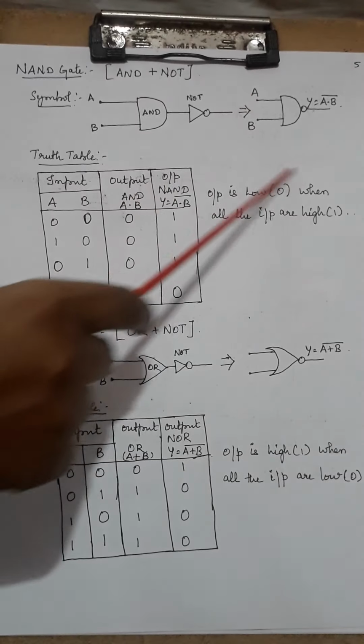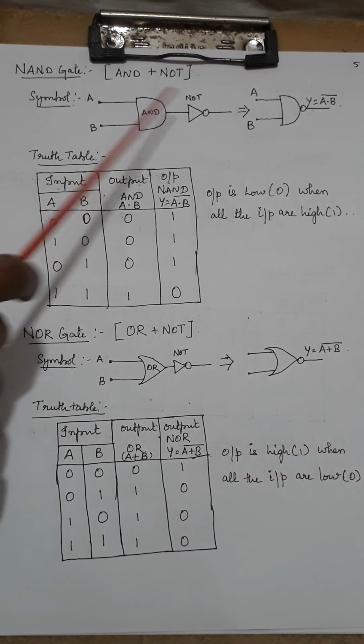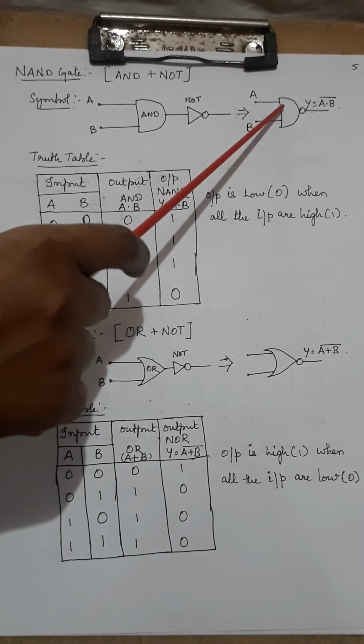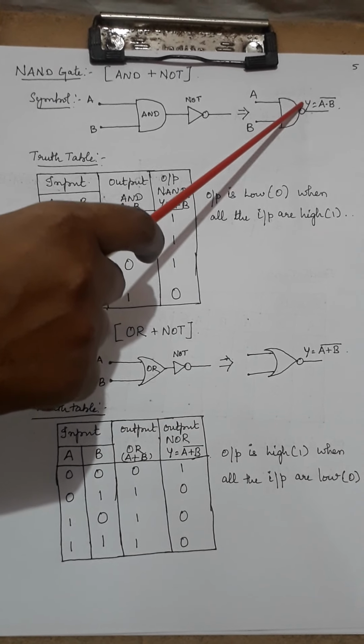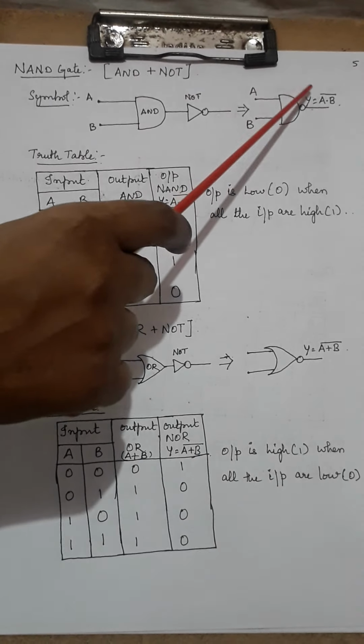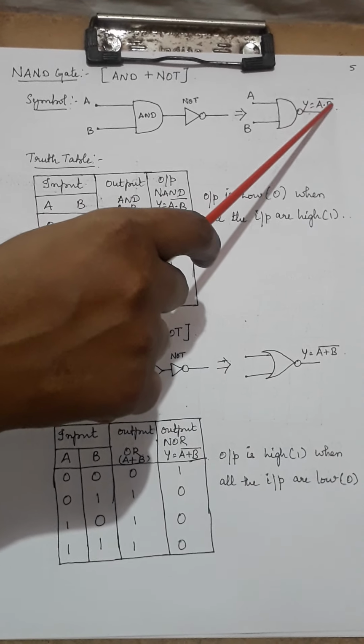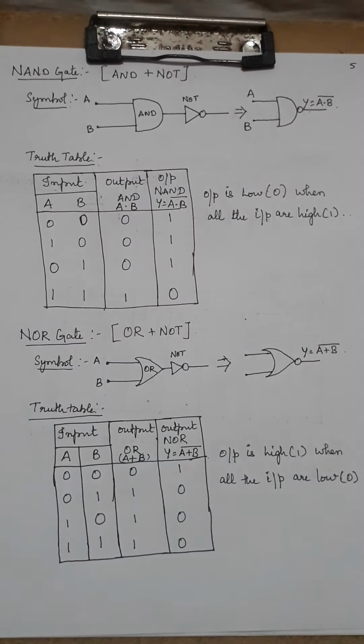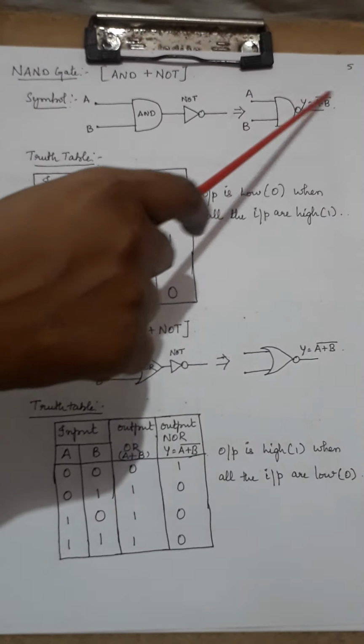So this is what the symbol is. This I have explained how it is formed. You have a D to which a bubble is attached, and then the output. So y is equal to A dot B the whole bar, the whole complement.